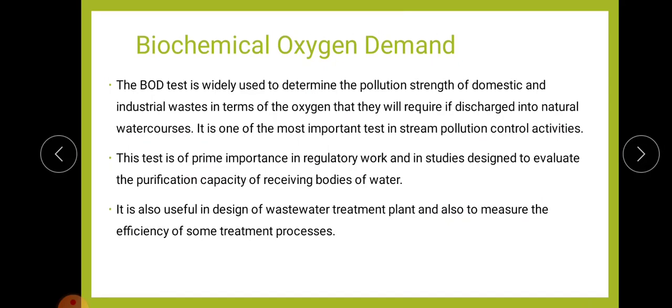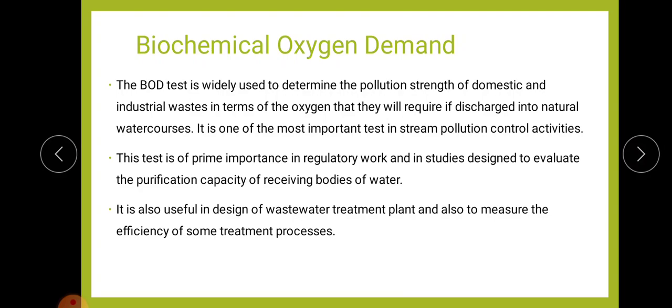The BOD test is widely used to determine the pollution strength of domestic and industrial waste in terms of the oxygen that they will require if discharged into a natural watercourse. Based on this BOD, we can determine how much oxygen is required for that wastewater. It is one of the most important tests in stream pollution control activities.